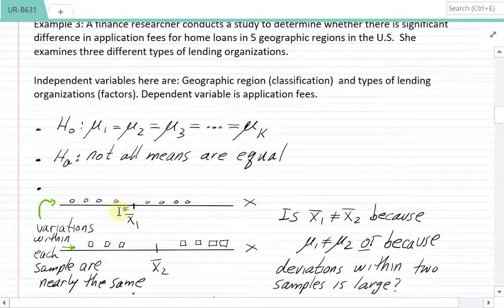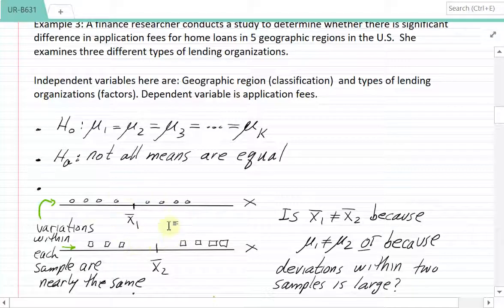This is the dot plot. What's important is that you see there is a spread between these data points. So the spread is rather large. And then I have a second sample, and the spread within these scores is rather large also. So the variations within each sample are nearly the same, right? Inside, the spread is almost the same, but rather large.